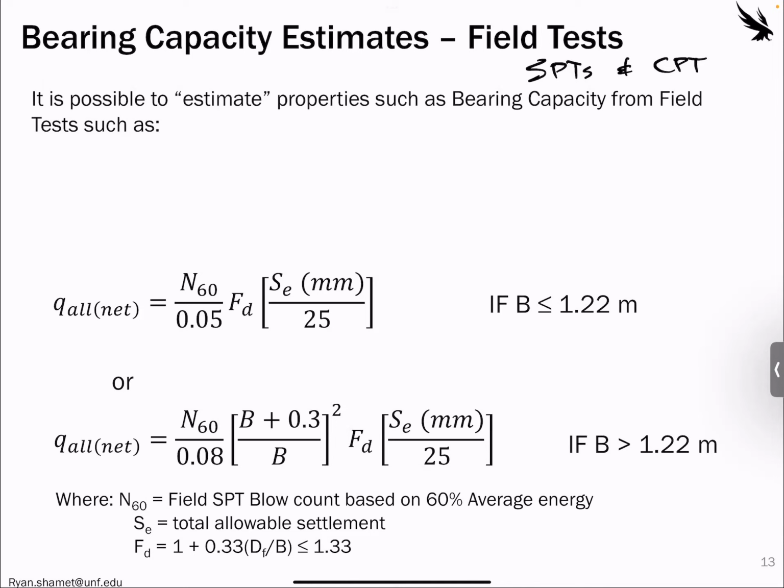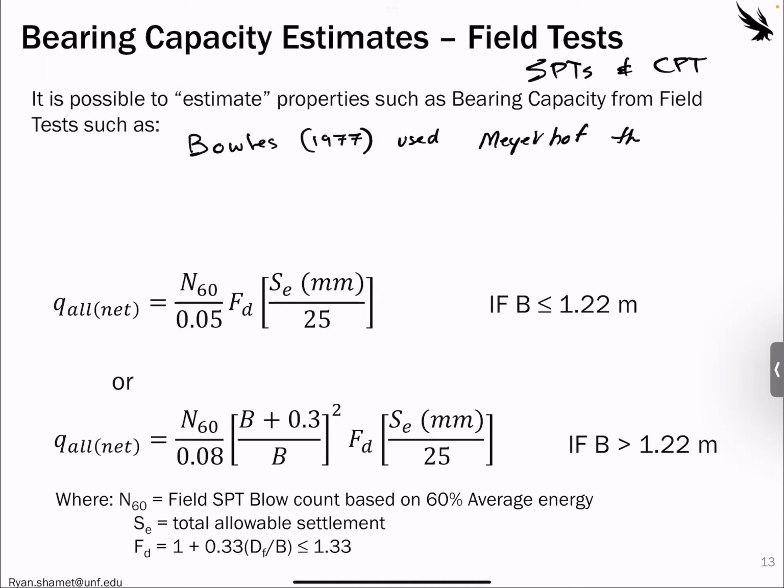It's helpful because it's able to estimate properties such as bearing capacity and other properties from these field tests. So what they developed here, and I mean, it's still old to us, but this guy here, Bowles, in 1977, he made a really nice geotechnical engineering textbook. He used another guy in geotech who's really famous, Meyerhof.